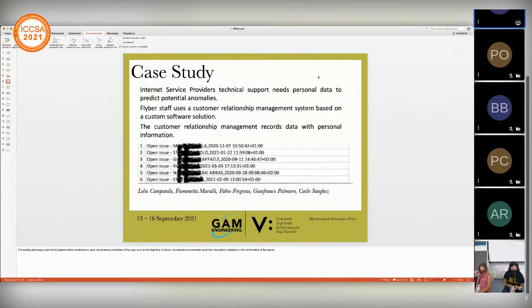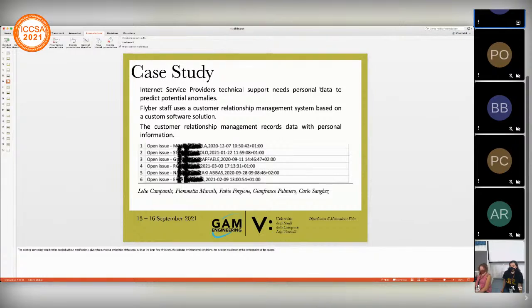So our case study includes the architecture of Flyber. The architecture of Flyber includes 10 sites for the spread of a signal, about 2,000 radios, about 2,000 user devices, customer relationship management software, network management system software, and a lot of data.